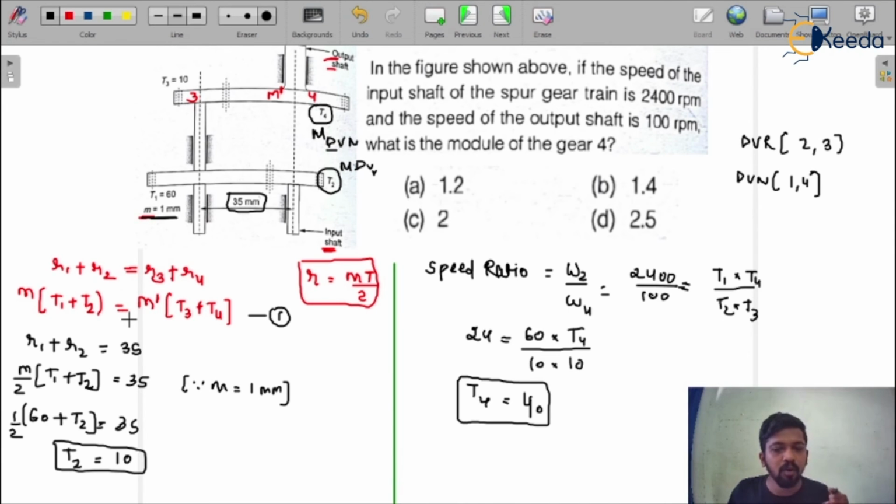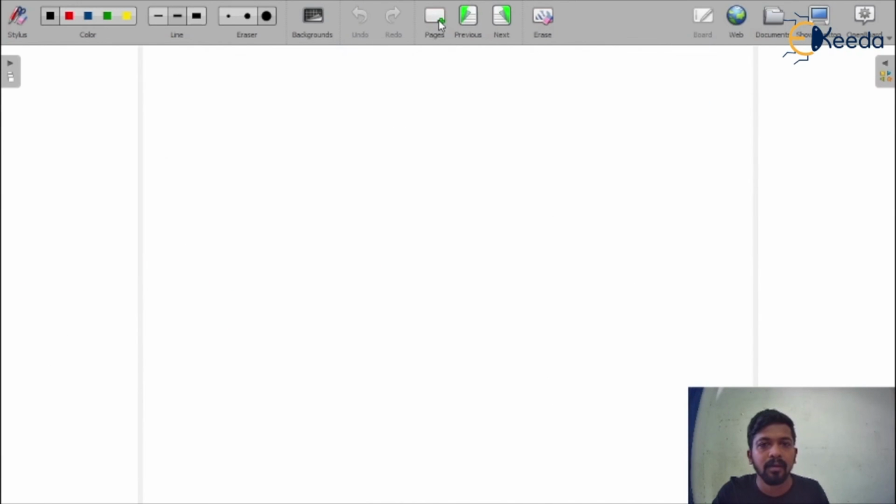Now we just need to apply this data into the first equation, and we will get the module for gear 1 and gear 4. So from the first equation, the module is 1, and T1 is... we will solve this on the next page. What was the formula?